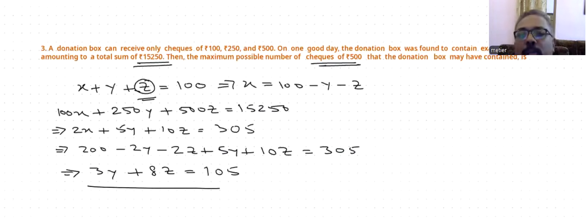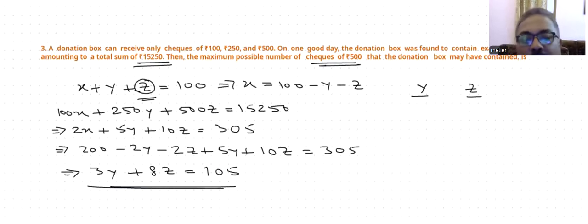We have solved this kind of problem in our linear equation classes. We have to find out the maximum possible number of checks of 500. Now, we have 3y plus 8z equals 105, let's go for a solution in y and z. The logic is very simple.